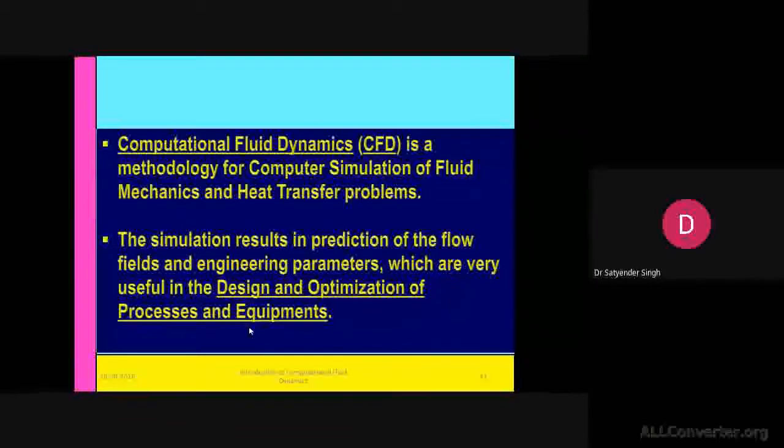Let's say the rectangular as well as circular geometry are involved, that will be called a complex geometry where we have the involvement of two coordinate systems. So we have very complex problems that we have to deal with at present, and they can be solved by having the computational facility in R&D labs for the designing and optimization of processes and equipment.